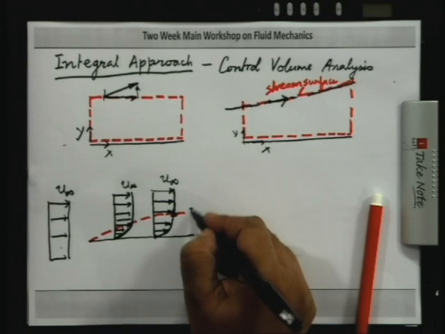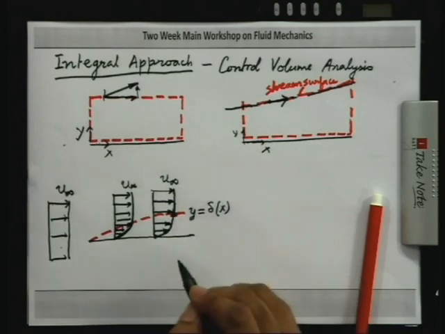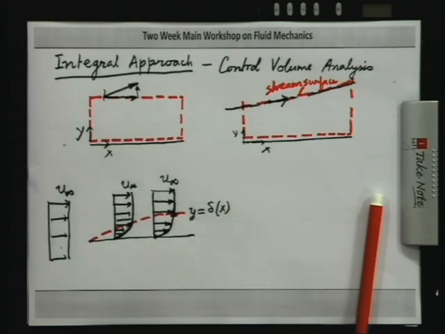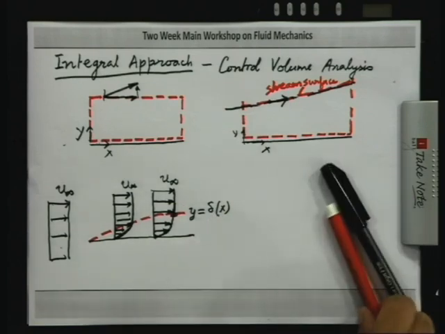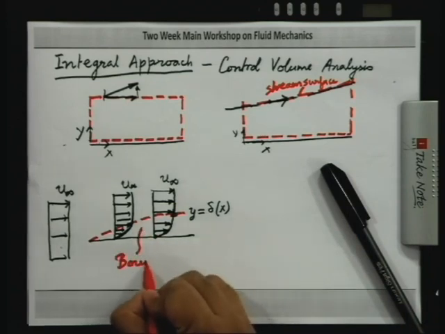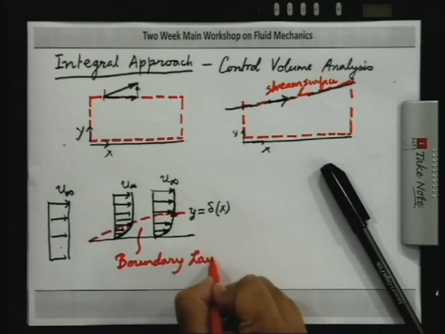So, you can say this is y equal to some delta of x, where delta is the boundary layer thickness. So, this region we will call the boundary layer. It is a layer close to the solid boundary.